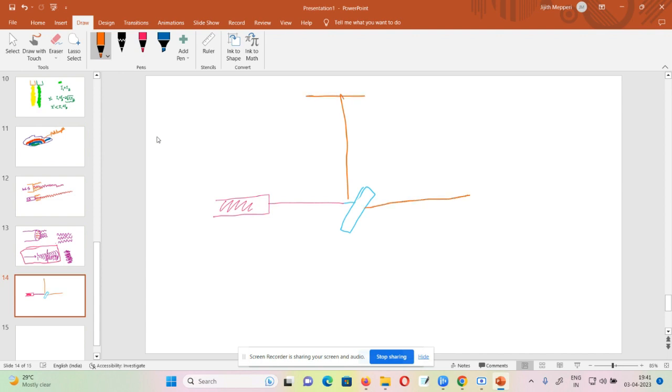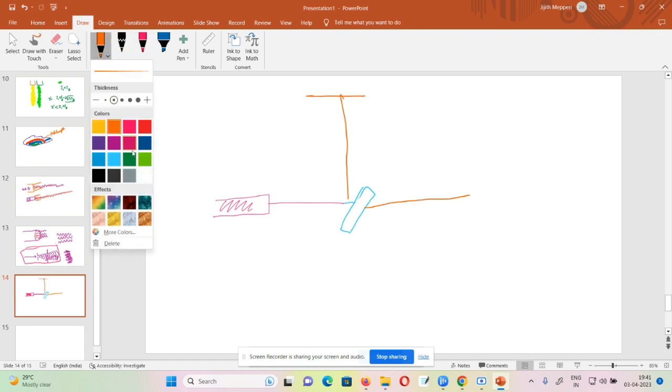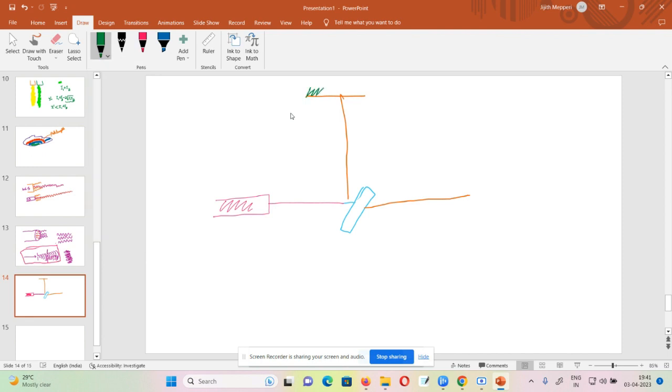At the reflected arm, you will have a perfect mirror. What happens after reaching there? This whole light will come back. Here also, the whole light will come back.